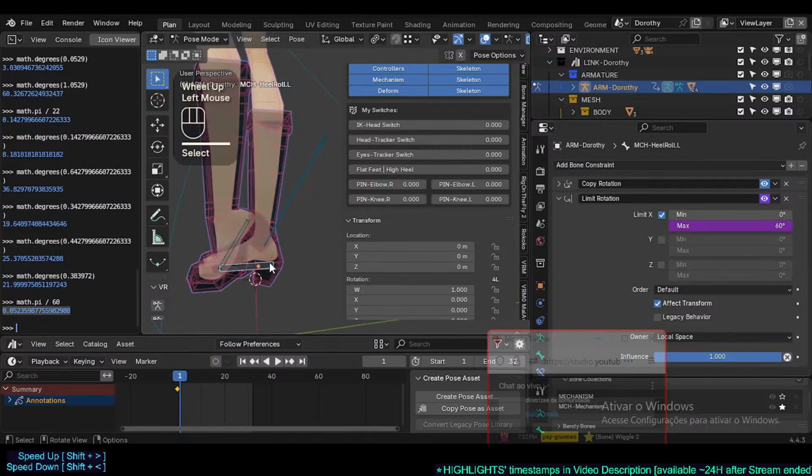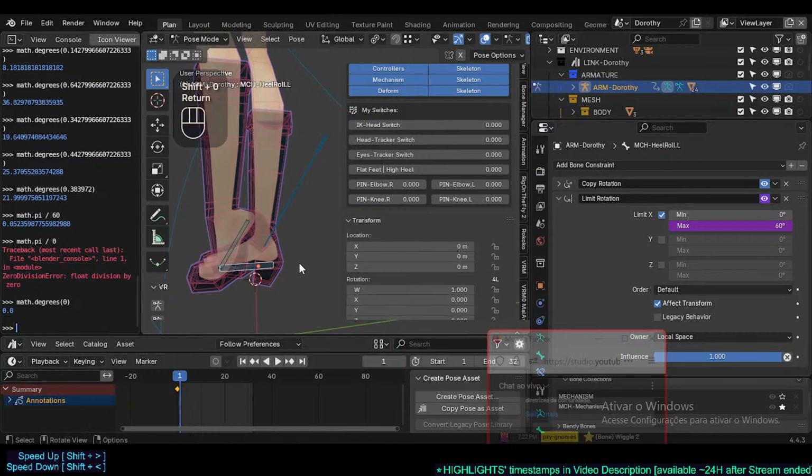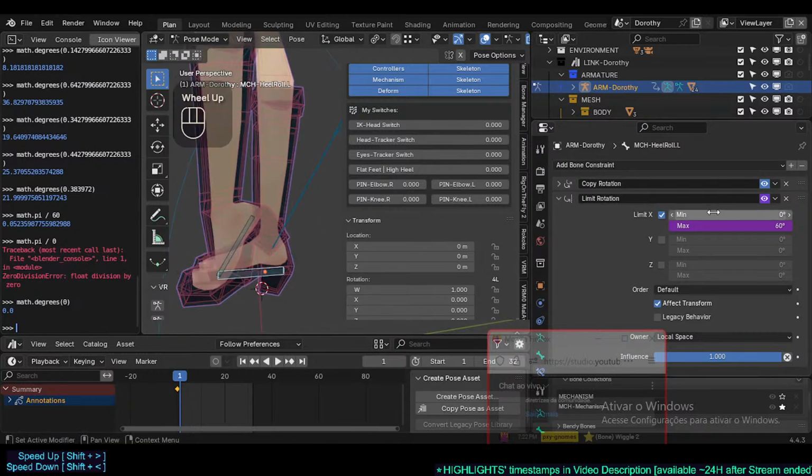Alright, and then the minimum, this is where I need to, yeah, so sure, okay, probably it's just 0 then.